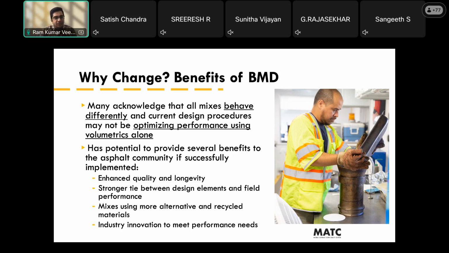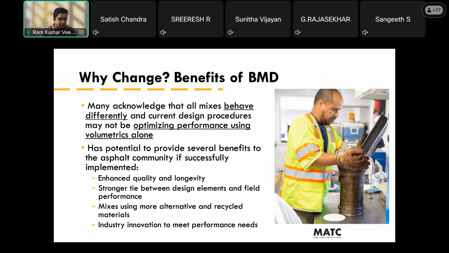This means that, for example, two mixes with similar volumetric properties can still perform completely differently in actual field conditions. That's something many of us have experienced over the years. By implementing balanced mix design, we can address these differences and achieve several key benefits for the asphalt community.